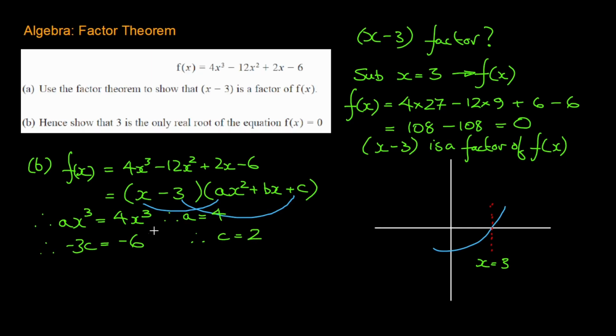But now we've got to do a little bit more work to find out the value of b. And you can do that in two ways. You can find out what multiplications of those two brackets offers an x squared term and equate that coefficient to negative 12, or indeed what multiplications of those two brackets offers an x term.